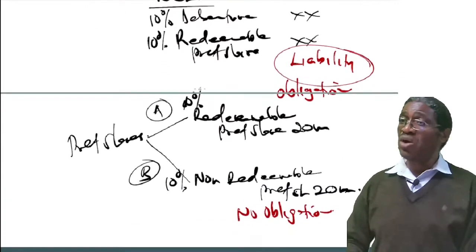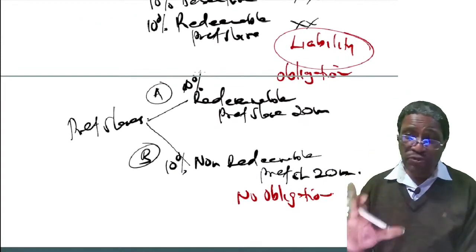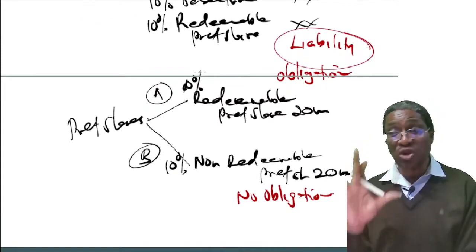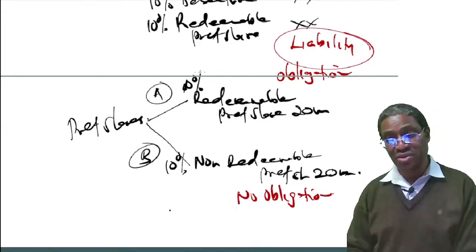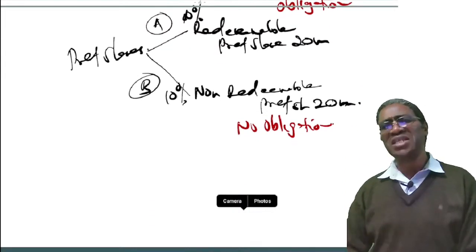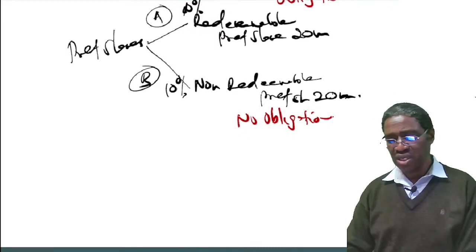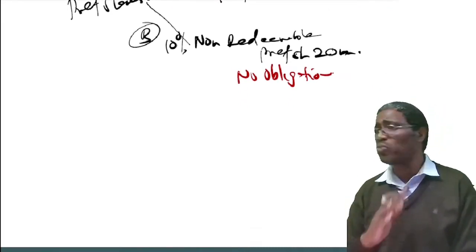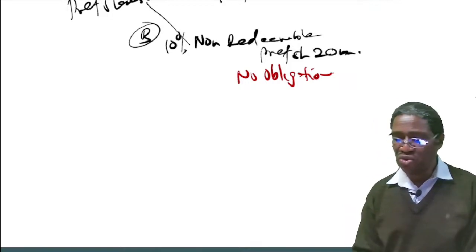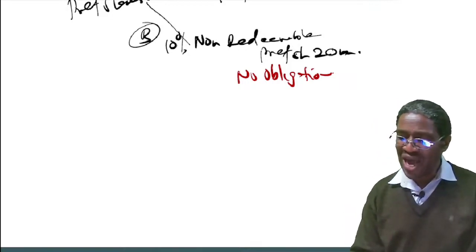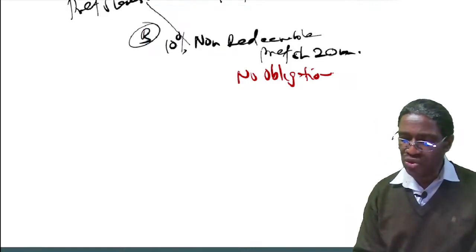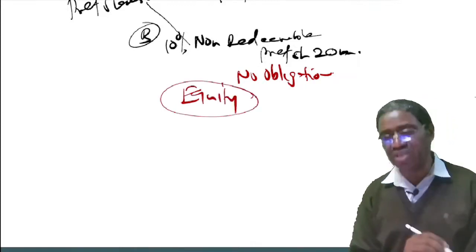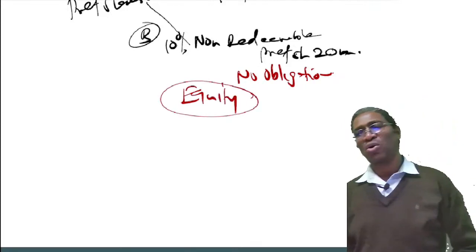So whatever your redeemable preference shares are, don't forget when you are preparing the balance sheet, show them as a long-term liability. Good. When it comes to non-redeemable preference shares, because you as a company did not have an obligation to pay back, then you take them to your balance sheet as a component of equity.